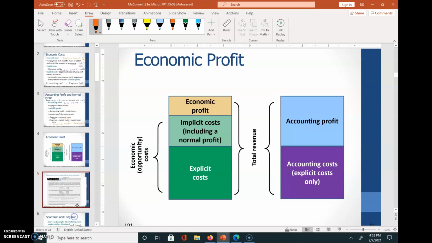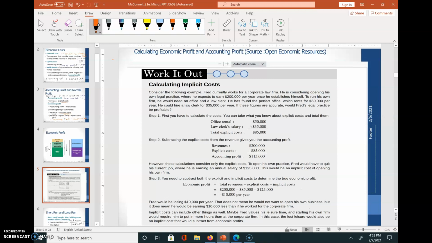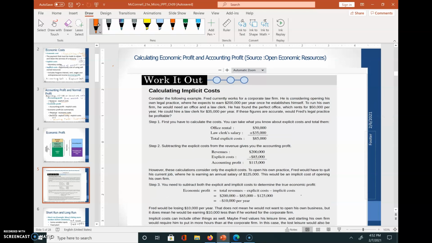Okay. Now let's look at this worked out example. I'm just going to read out this example here. It says, Fred currently works for a corporate law firm. Just to remind you, the source is from Open Economic Resources, which is free to all. All right, let's circle back to the problem.